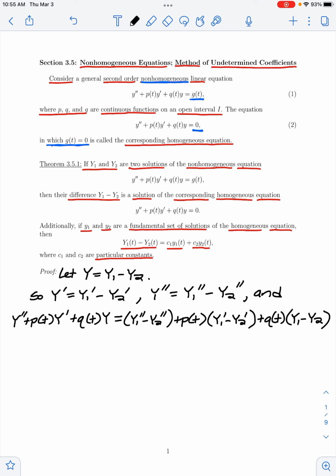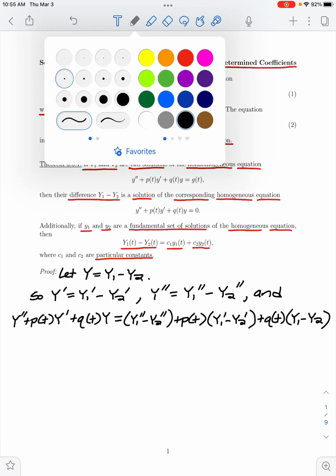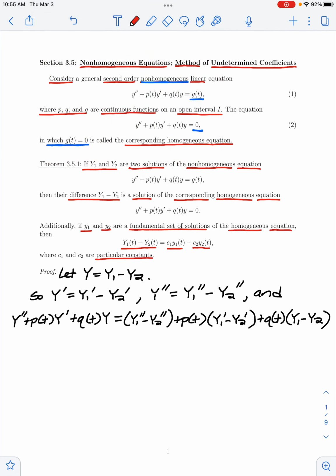So if I now expand and group like terms, let's see what we get. I'm going to group everything that involves Y1, or one of the derivatives of Y1, together. Grouping those, I would have Y1 double prime plus p(t) times Y1 prime plus q(t) times Y1.